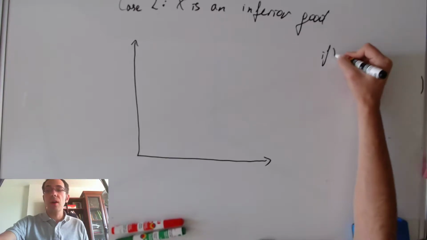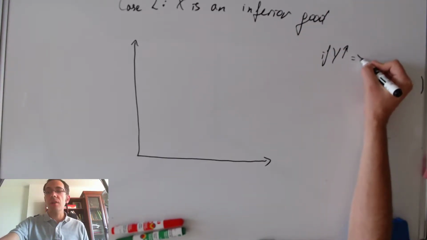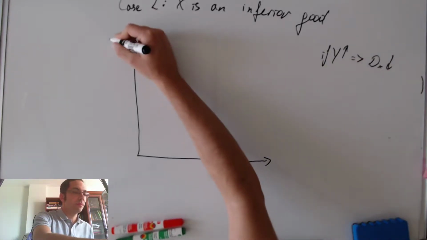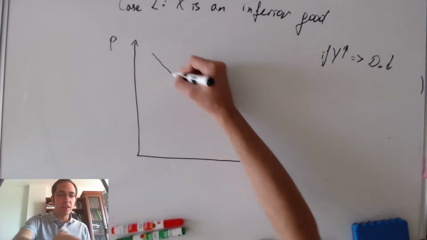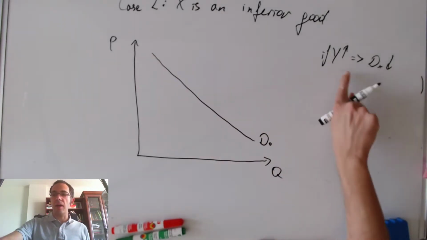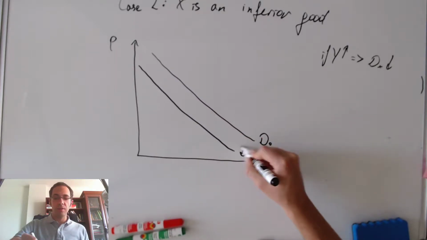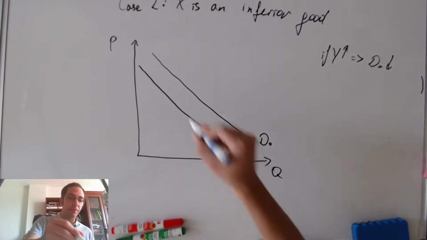So if Y is increasing and X is an inferior good, we are going to observe a decline in the demand for X. So let's say this is the old demand, and as our income rises, demand should be decreasing. So this is D1, and we have a shift to the left.